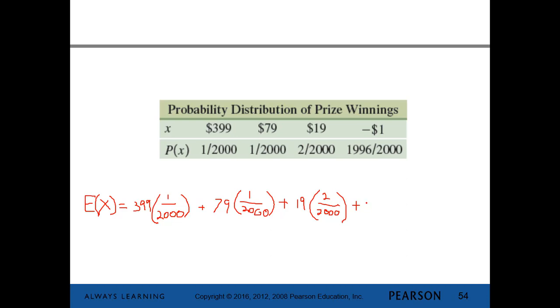And then, of course, I could get a -1, and that's going to be 1996 out of 2,000.